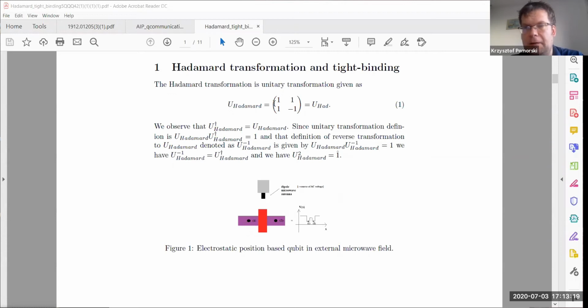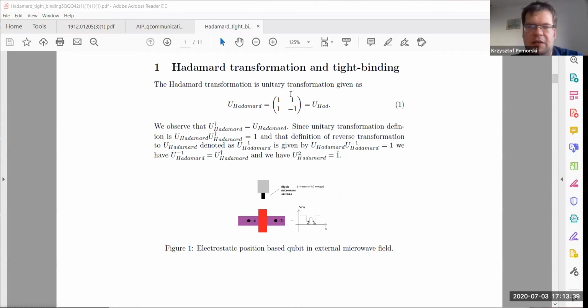So basically, I would like to continue the previous topics, and I would like to talk about quantum communication and quantum logic in CMOS position-based qubits. So, maybe a brief reminder.